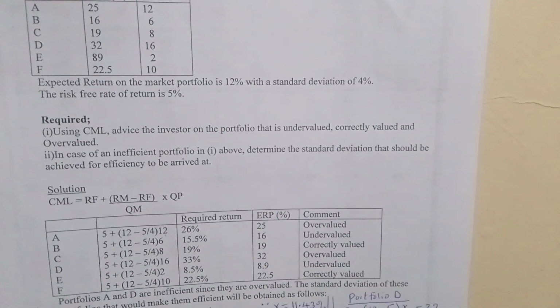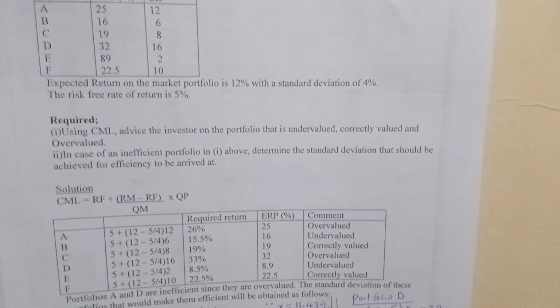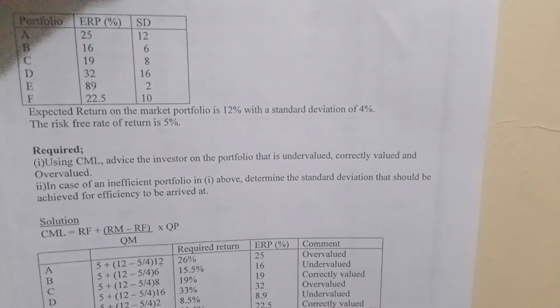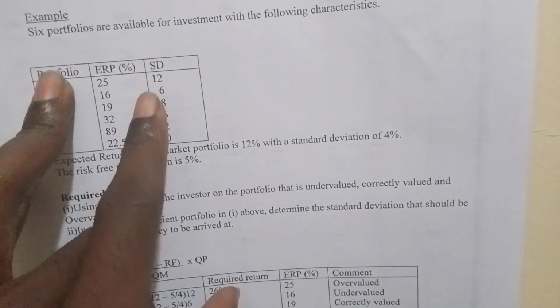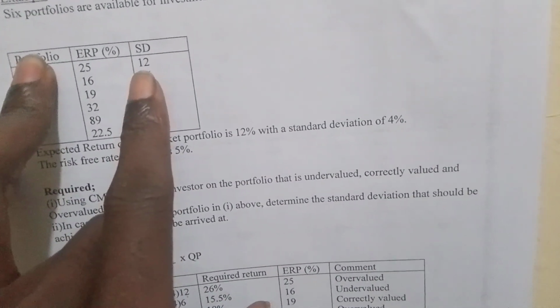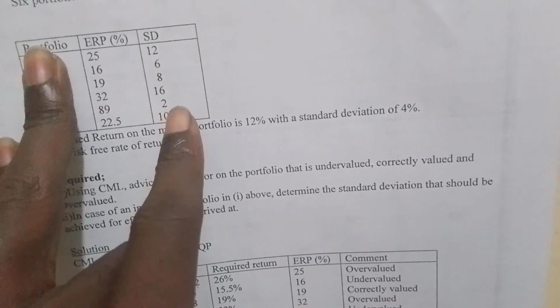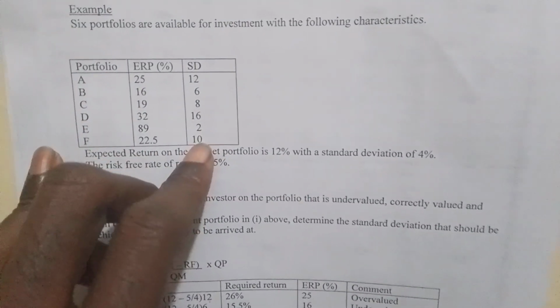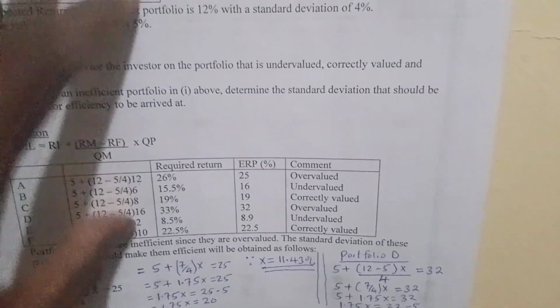Then what changes now, in this case, is the standard deviation of the portfolio. So you will only be multiplying now by these numbers for each respective column. You multiply by 12 for A, 6, 8, 16, 2, and 10 for each respective portfolio. So you can see what you have done here.